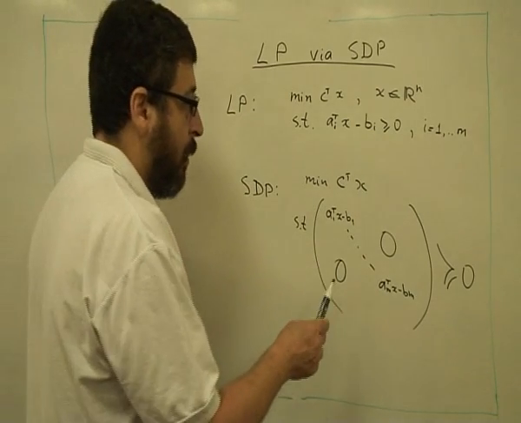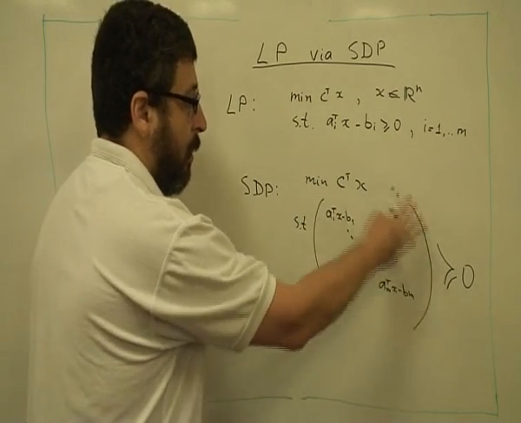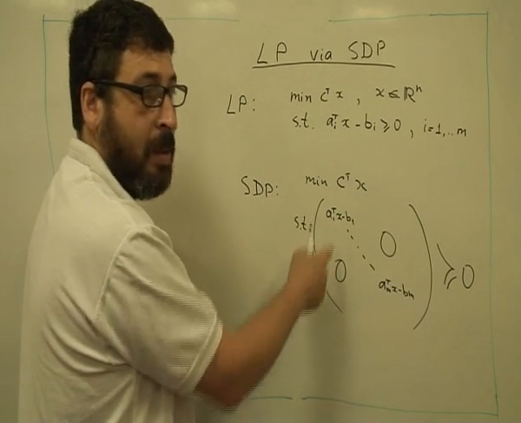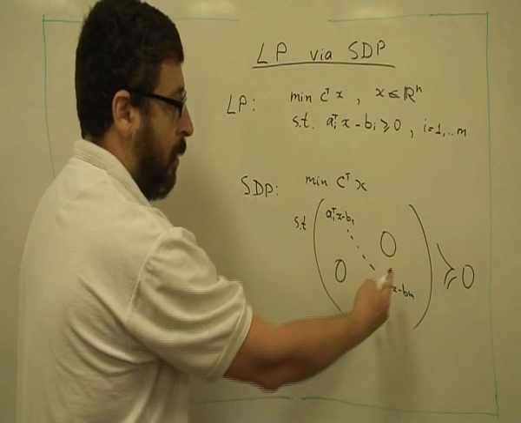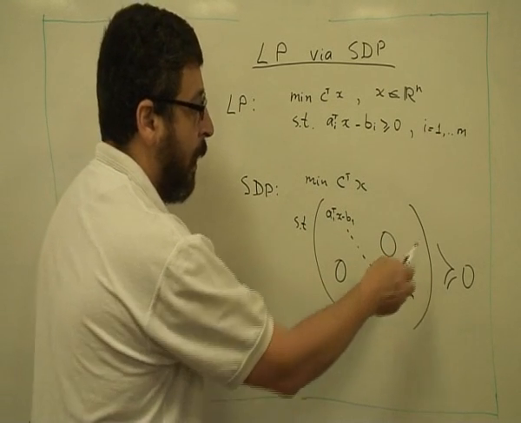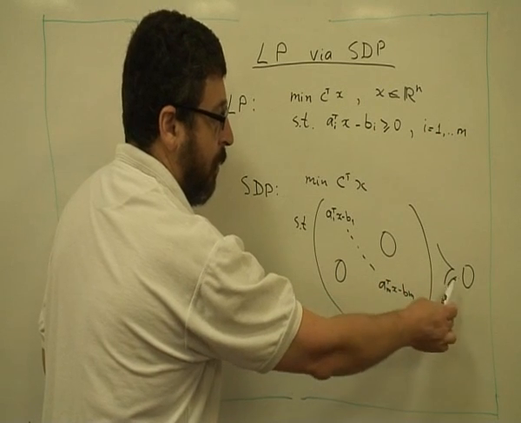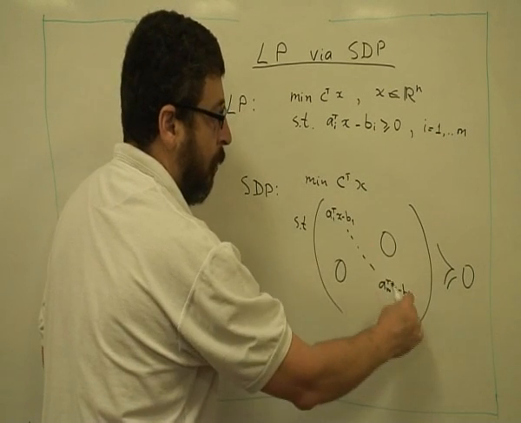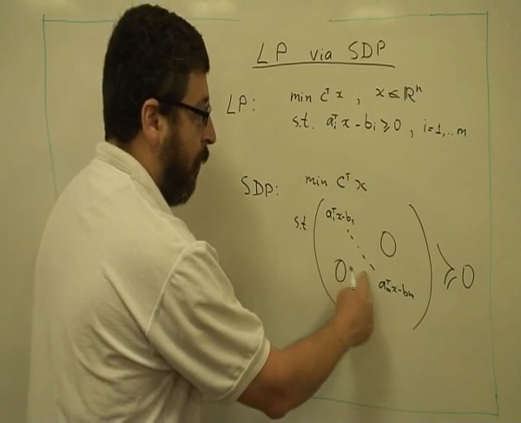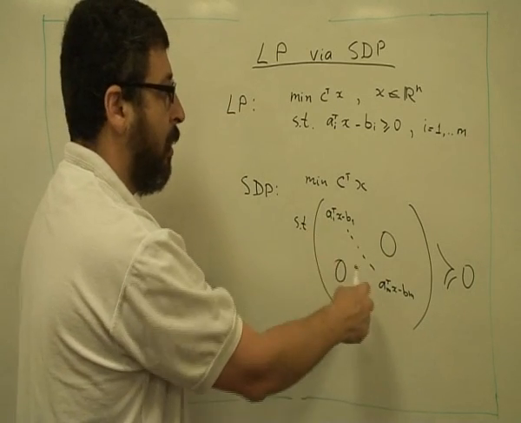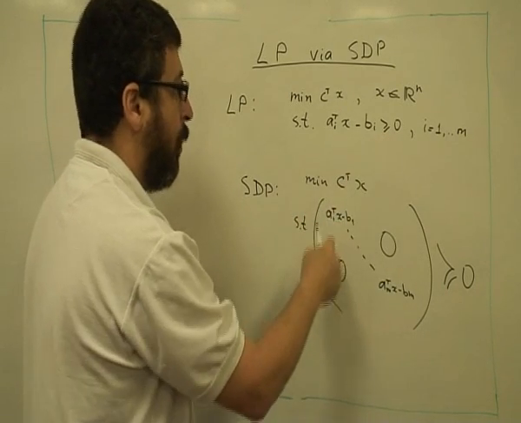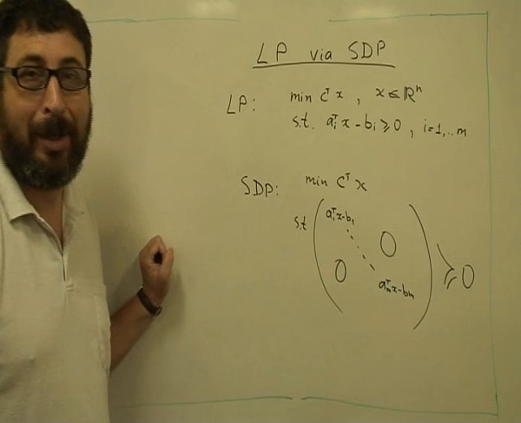And so this matrix actually linearly depends on X. So this is a semi-definite problem. And the constraint of diagonal matrix to be positive semi-definite, it's equivalent to say that diagonal entries should be greater or equal to 0. So those two problems are equivalent.